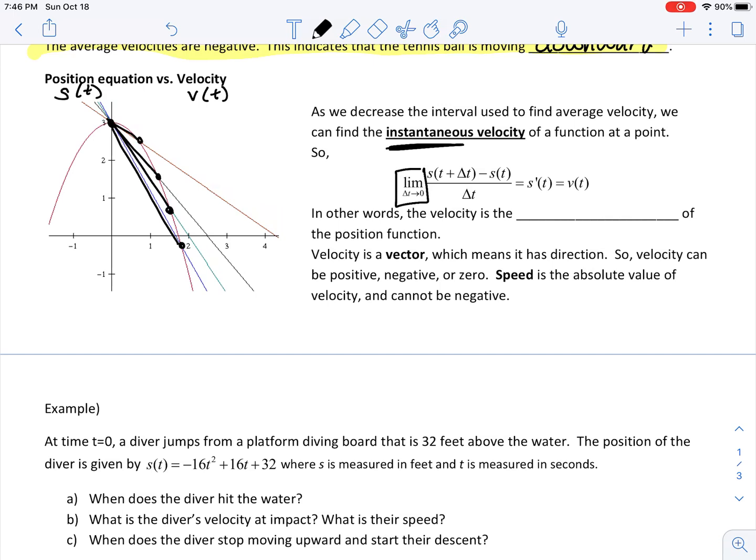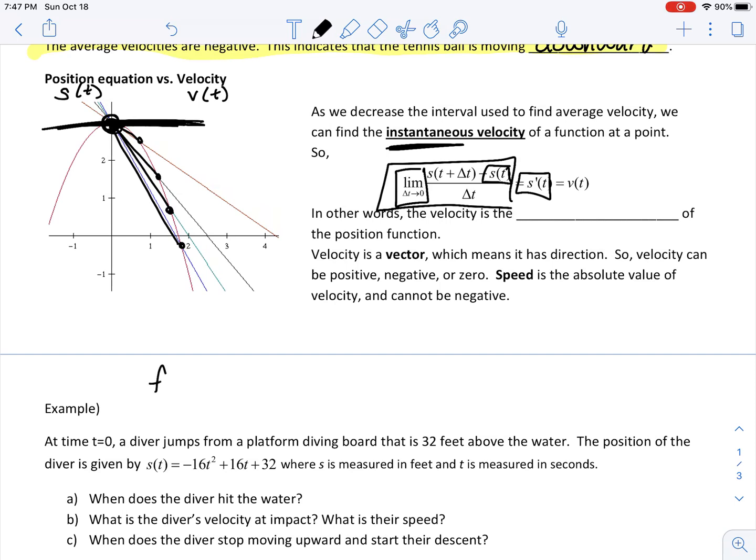So the slopes are getting way closer to the slope of the line at the actual point, the slope of the tangent line. Remember that this function with the limit, that limit of the difference quotient finds, instead of s of t, it finds s prime of t.